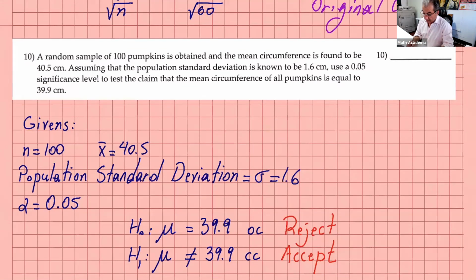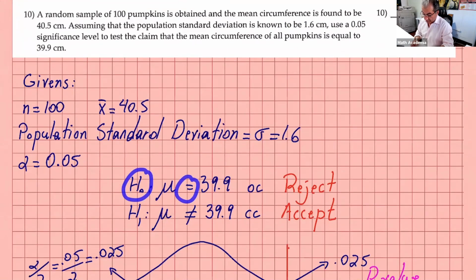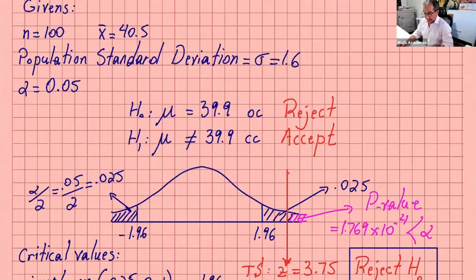So what's the claim? The mean circumference is equal to. So you write that first. We have the equal sign, so that's H0. H1 will be the complement, which is not equal to 39.9. And we wrote that first, so that's OC, or the original claim in the problem. And of course, H1 will be CC.